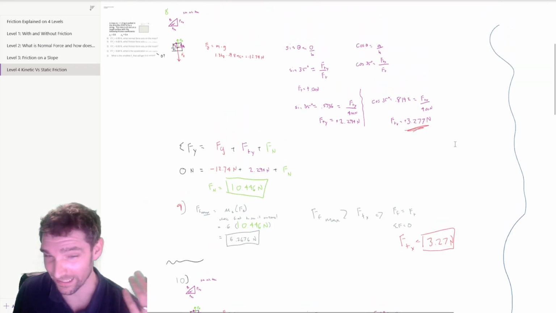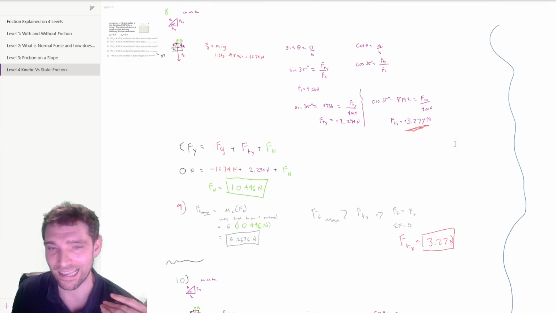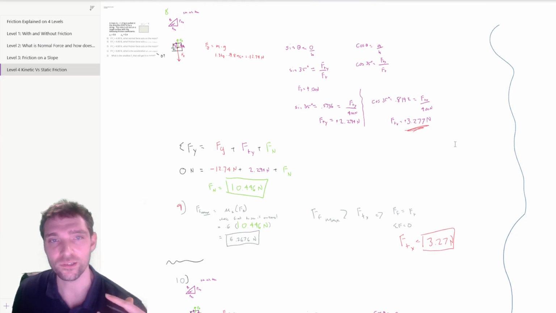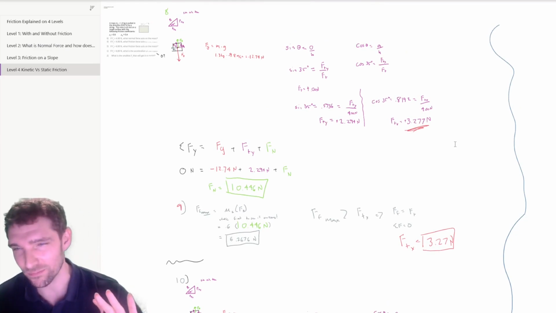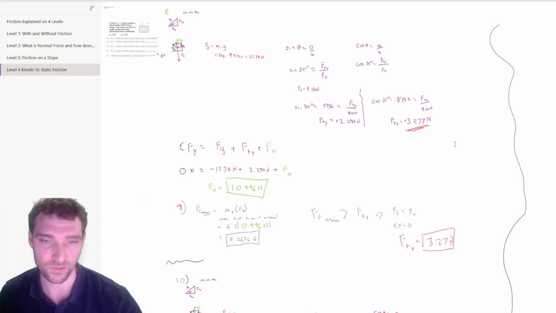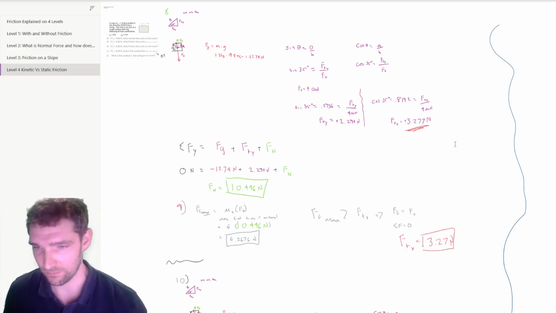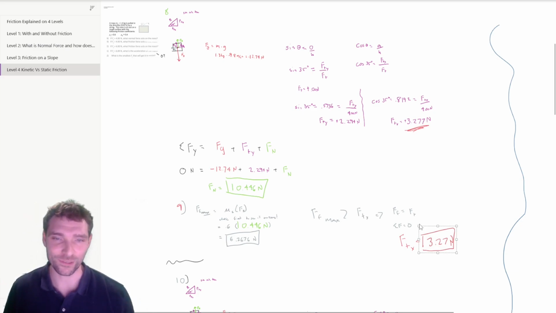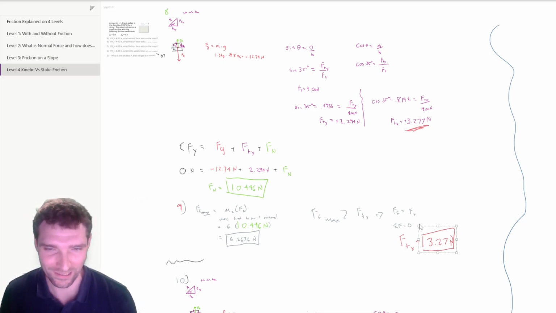So it's a maximum value that you could get, but it isn't actually that force of friction. So you could have an object that you're pushing, but you just haven't pushed it hard enough to overcome this force of friction, and it will just cancel out.